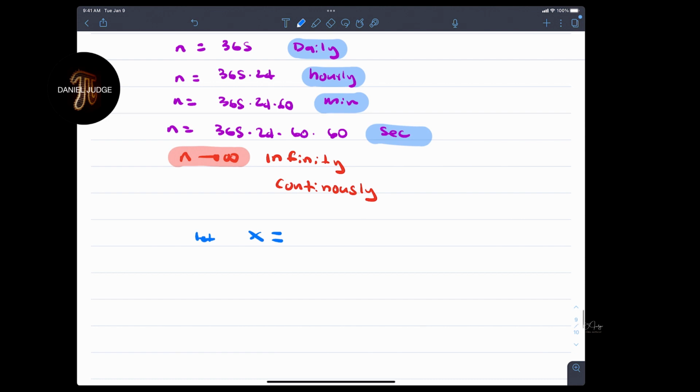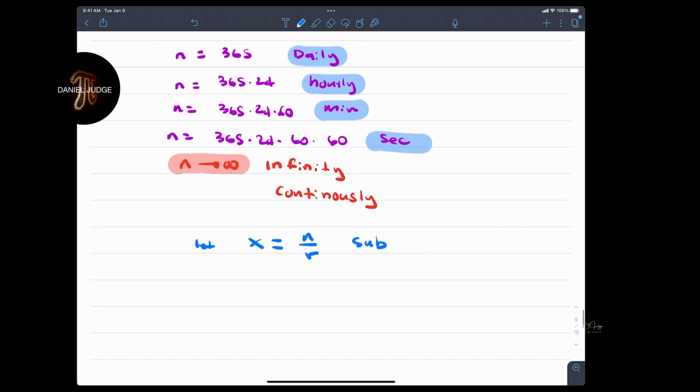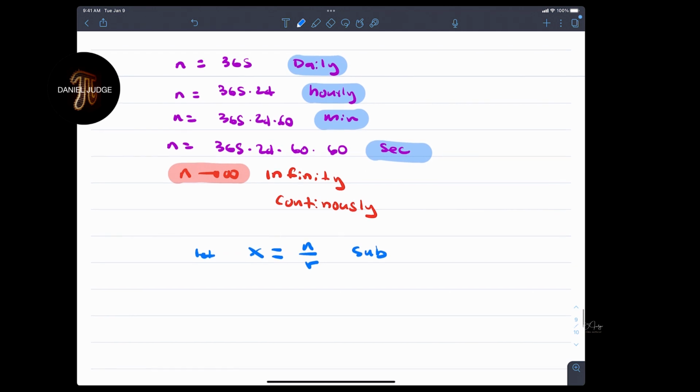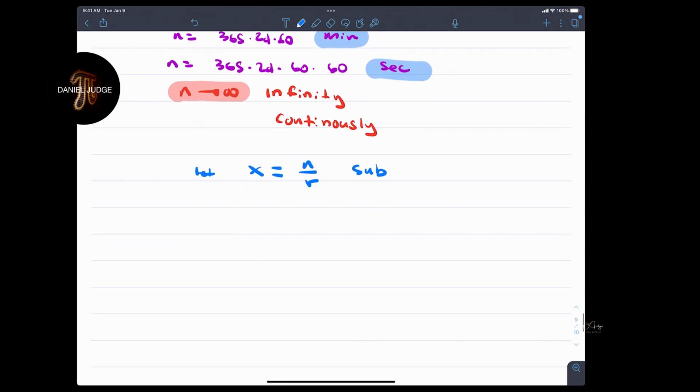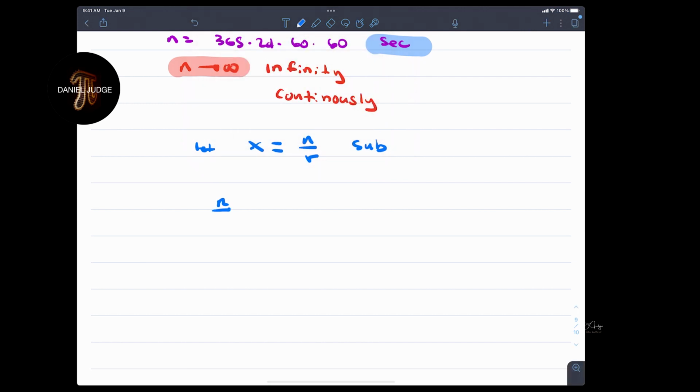Okay, I think x is going to be n over r. Yeah, this ratio. I'm going to introduce a new variable and substitute this x. So x is going to be n over r now. And what that means then, if I cross multiply, is to have n, x being n over r.